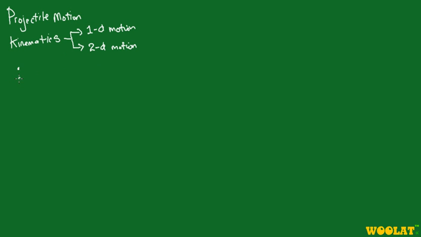Okay, so just for some recollection, there are four equations. The first one, being the simplest, comes from the definition of acceleration, and that gives me v equals u plus at.